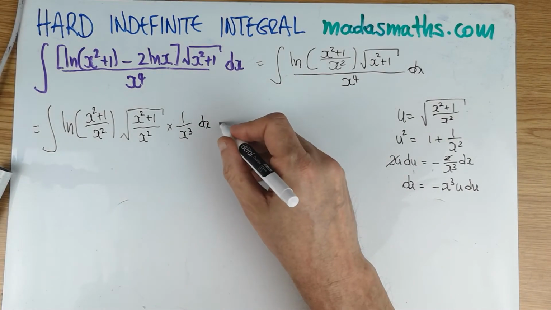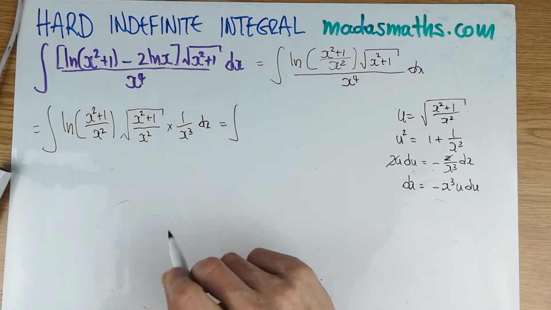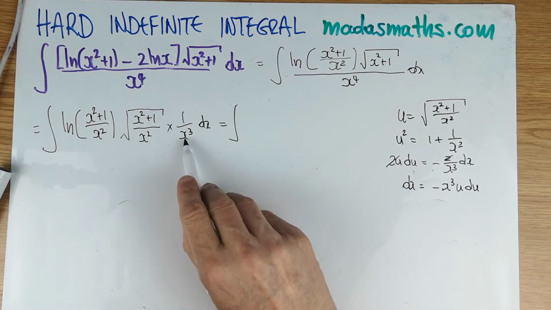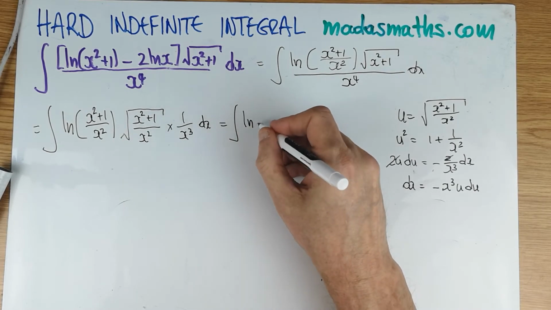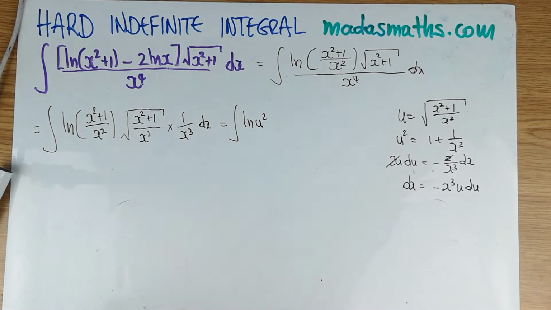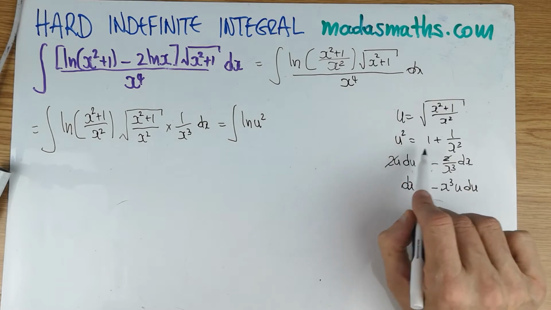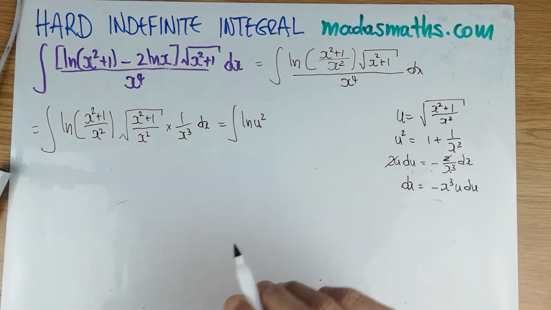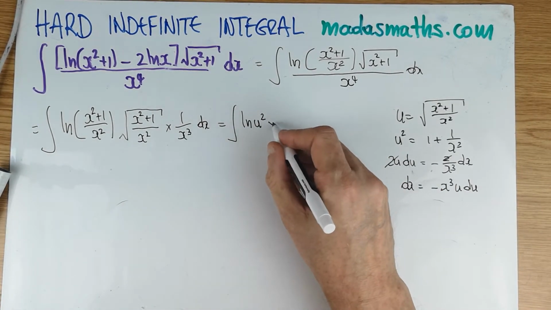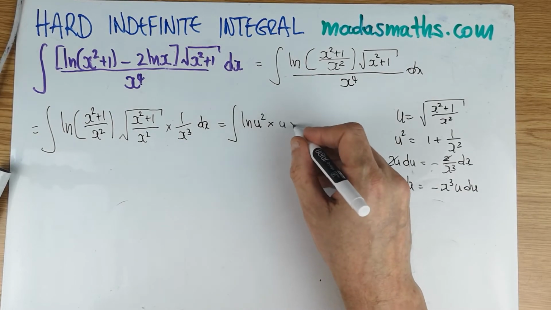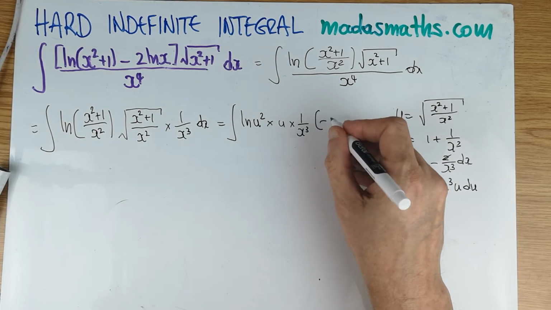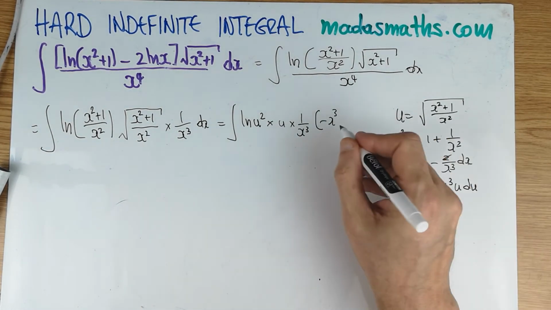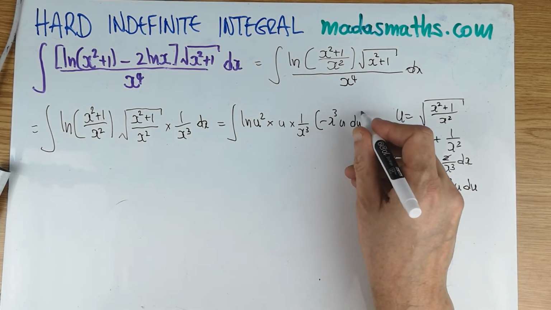Okay, I think this will work. Looking at this x cubed, we have the log of u squared, because we have it in this form here. This we called u, that was already there, and the dx is minus x cubed u du.